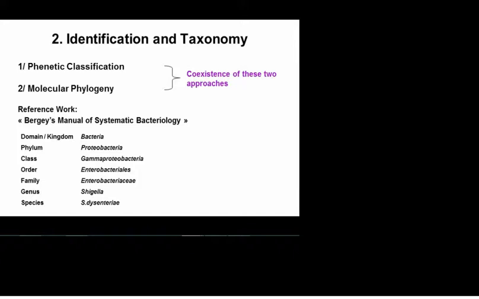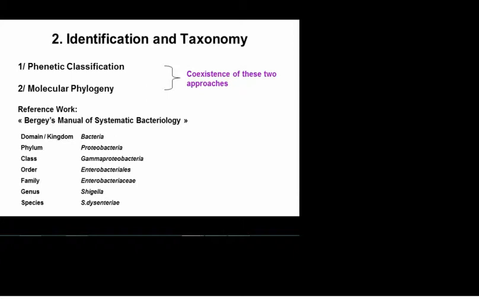So just like for the rest of biology, there's an attempt to put different groups of bacteria into this Linnaean style scheme where you've got 1, 2, 3, 4, 5, 6, 7 levels of classification from species to the kingdom level.